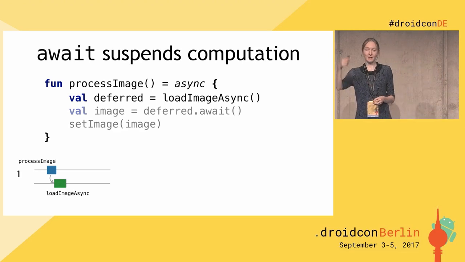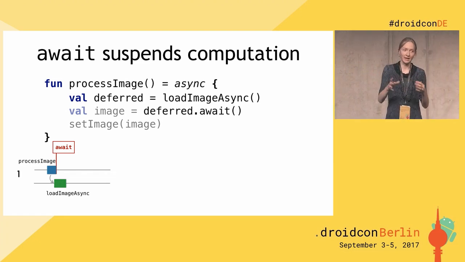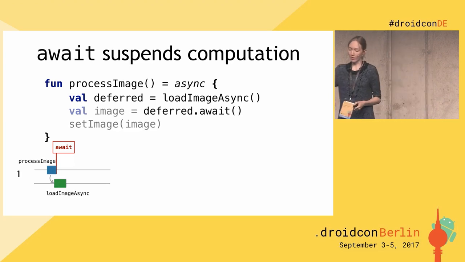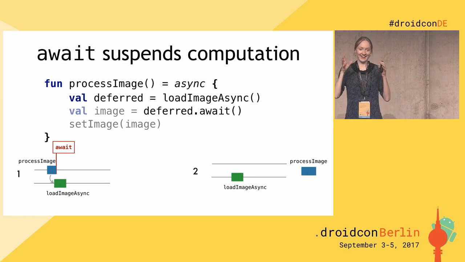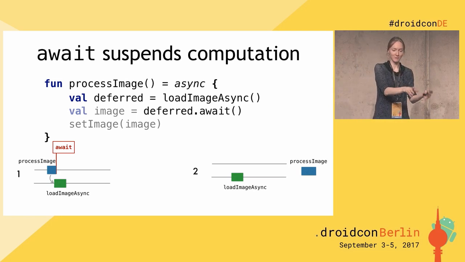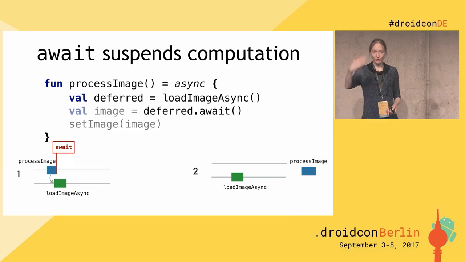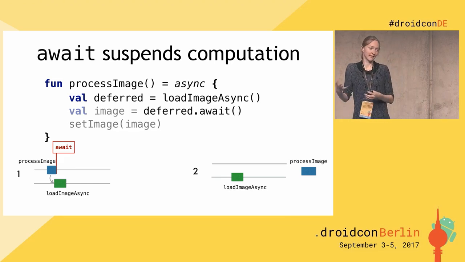And when the Kotlin compiler reaches this await call, await is the marker that says to the compiler, okay, now suspend this computation until the result is ready. So when the Kotlin compiler sees this await, it gets this blue computation, process image, and puts this aside. And we continue, and image is loaded.